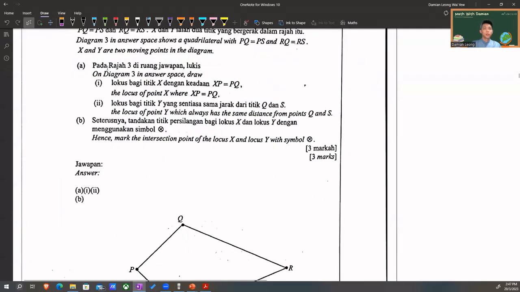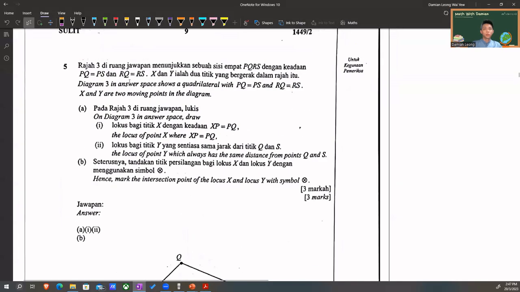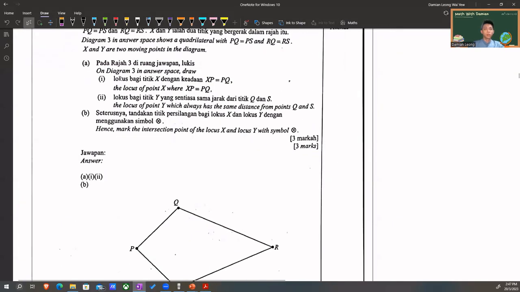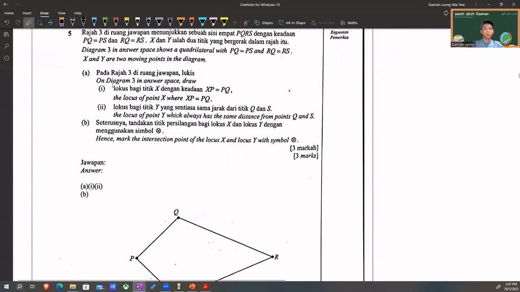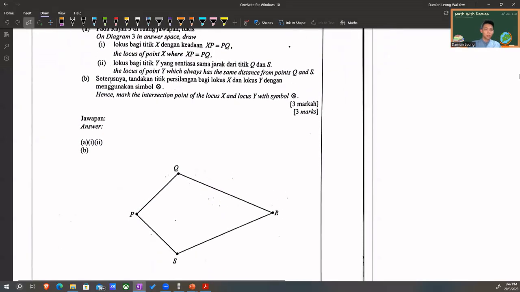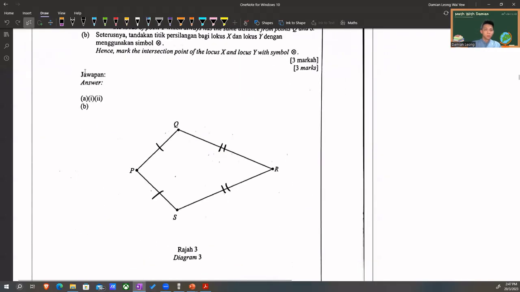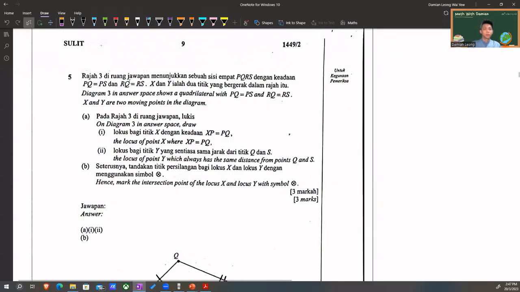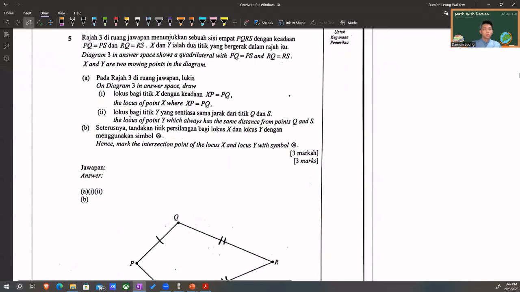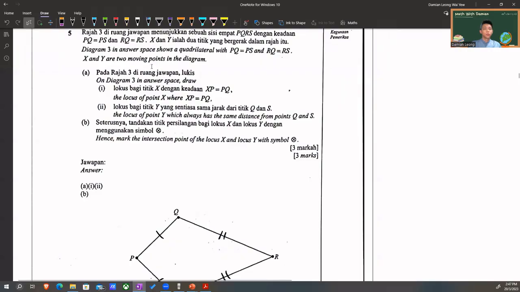Diagram 3 in the answer space shows a quadrilateral with PQ equals PS and RQ equals RS. PQ equals PS, this and this same length. RQ and RS same length. Yeah, so this is basically a kite. X and Y are two moving points in the diagram.